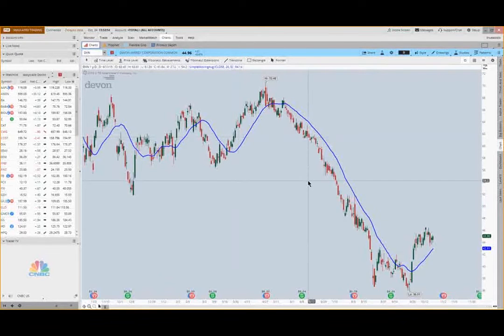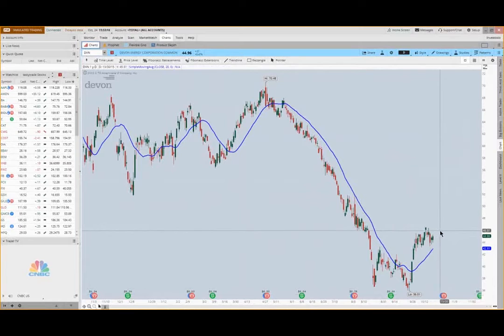Now, obviously, before you put on any kind of option position, you need a reason to buy. Let's look at DVN. This came up on one of our scans this weekend, and I'm not going to go into the reasons why, and I will tell you that earnings are coming up here on November the 3rd, so you got to be careful with this one.